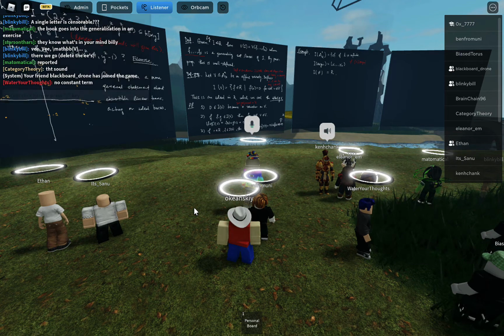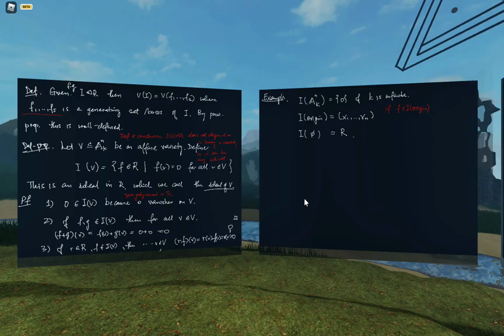So if f is in I of the origin, then f(x1, ..., xn), well, sorry, f(0) is 0, right? So the origin is (0, ..., 0). So then f of a bunch of zeros is 0.